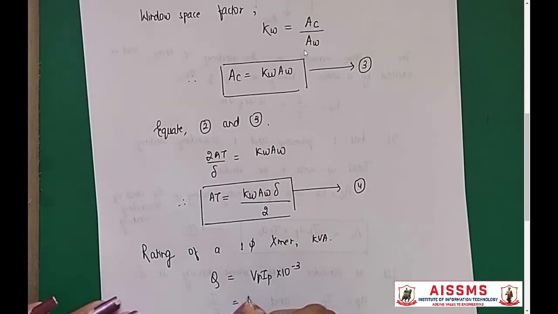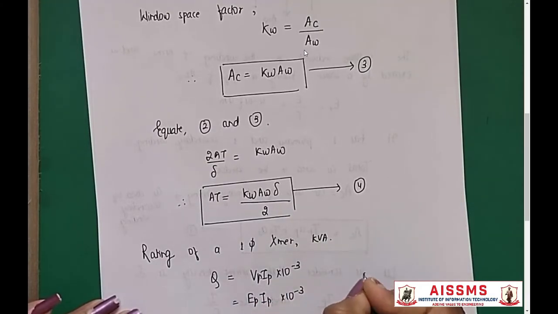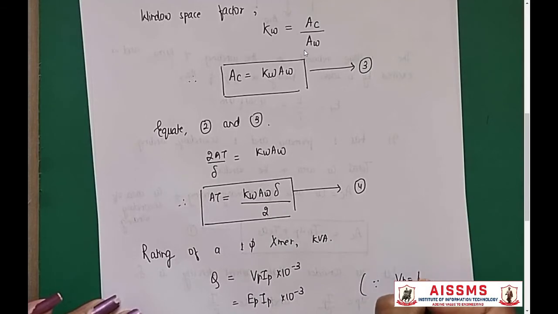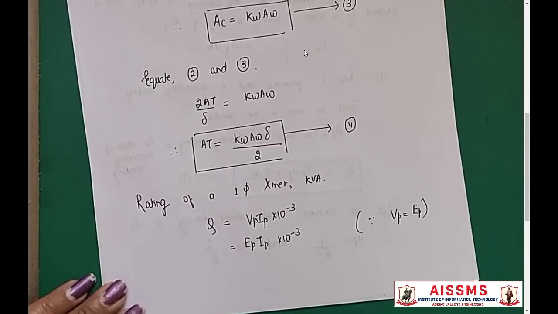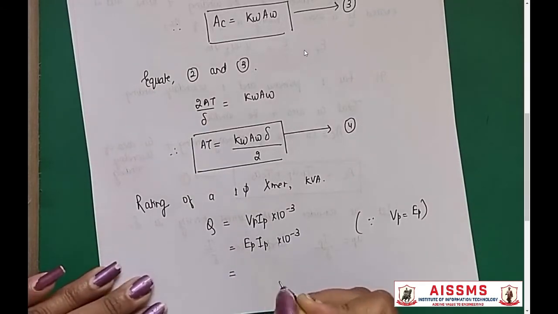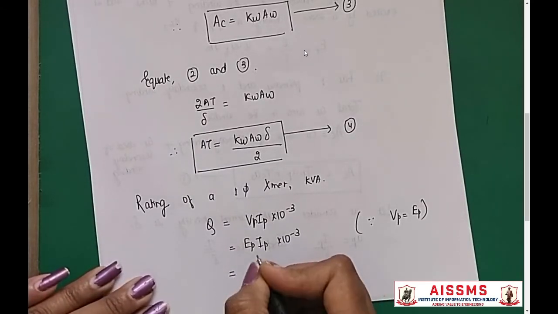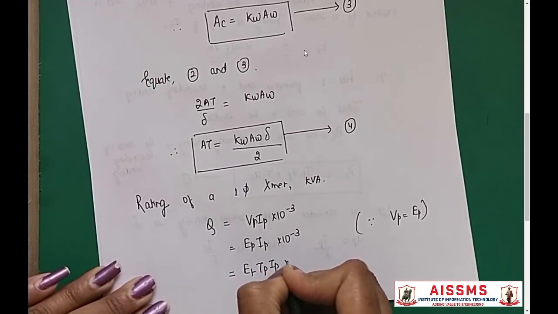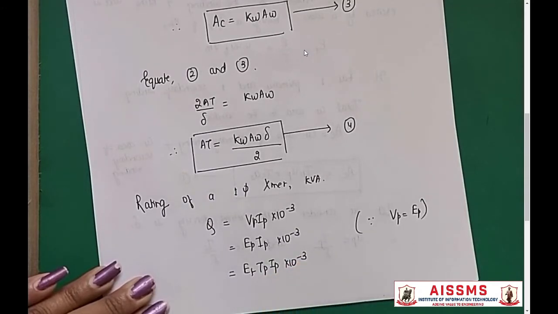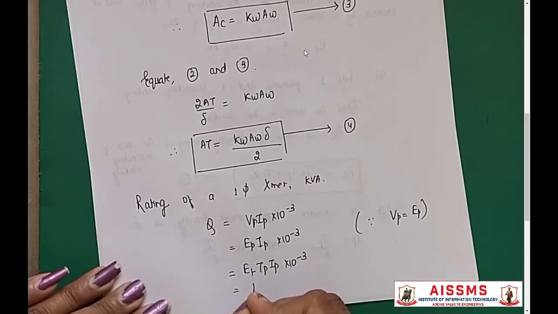So this can be written as EP IP into 10 raised to power minus 3, considering that the voltage in the primary is equal to the EMF in the primary, which can again be replaced as EP can be written as Et TP IP into 10 raised to power minus 3. But the number of turns and the product of current is nothing but ampere turns. So I can very well write it as Et AT into 10 raised to power minus 3.